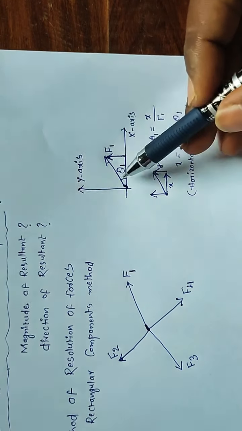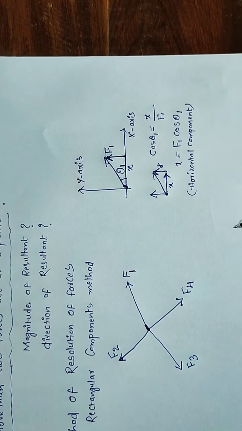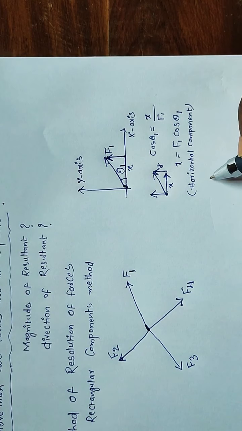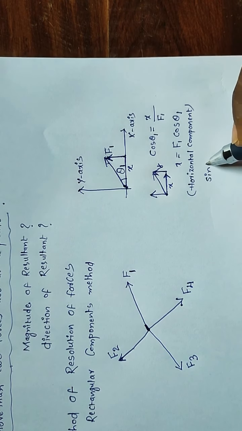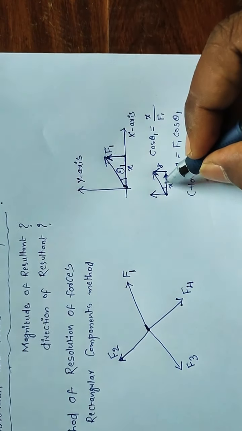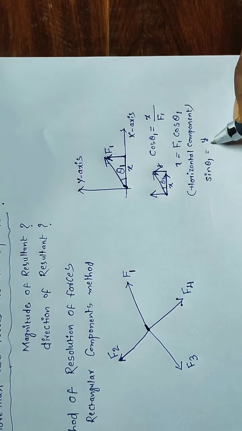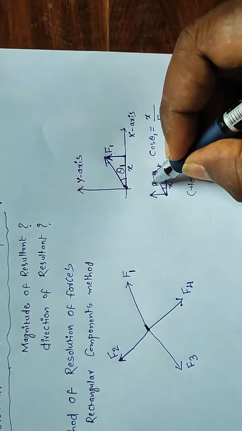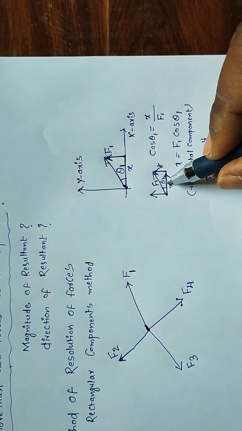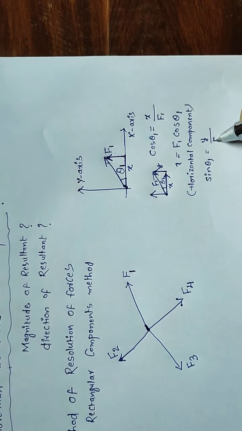For force F1, the horizontal component is F1 cos theta 1. For the vertical component, we are assuming y. Sin theta 1 equals opposite side by hypotenuse. Here, this is theta 1, the opposite side is y, and the hypotenuse is F1.